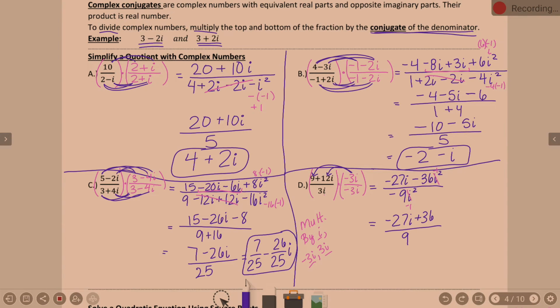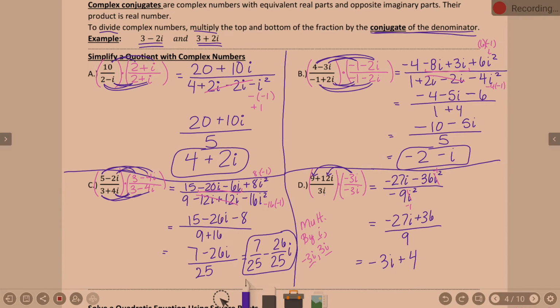Now, if you multiplied by just the i, then you don't have as much to reduce, I think, if I recall. But you still have a little to reduce. Everything can divide by the denominator, yes? So do it. Negative 27i divided by 9 is negative 3i. 36 divided by 9 is plus 4.